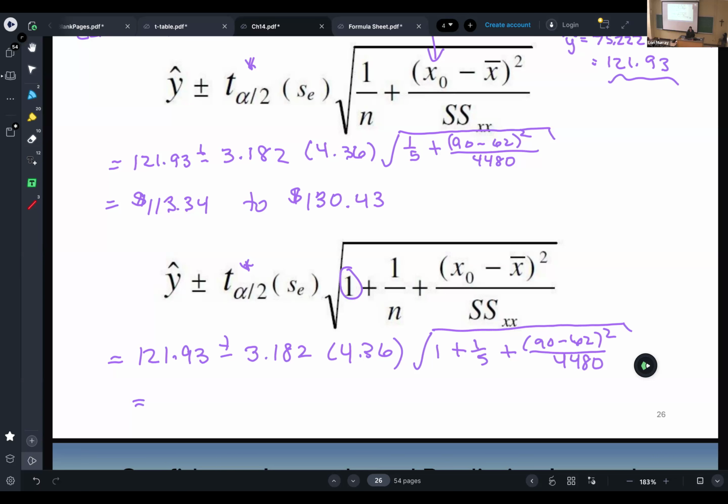We got a minimum. Does that make sense? The difference: one's for on average, and the other one is for an individual customer, not on average or multiple customers. Okay. So this is the confidence interval, and this one here is the prediction interval, both for a predicted Y.